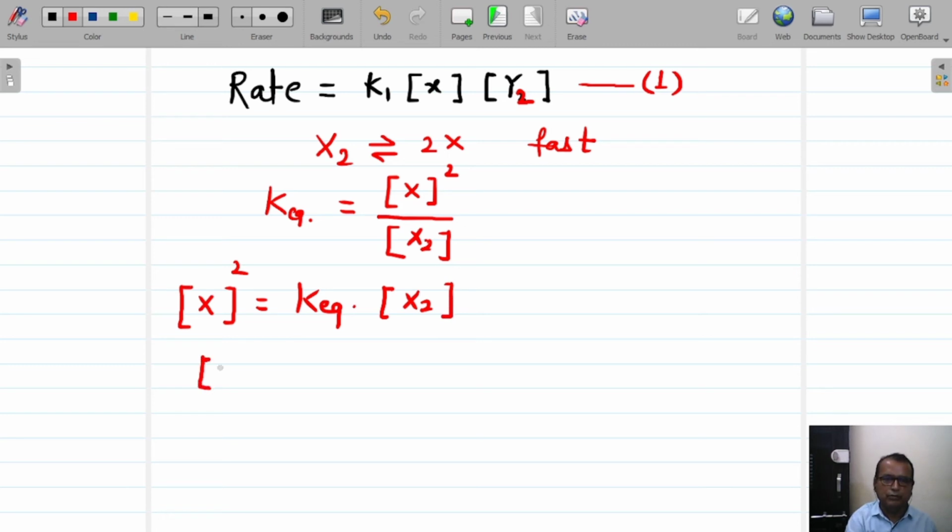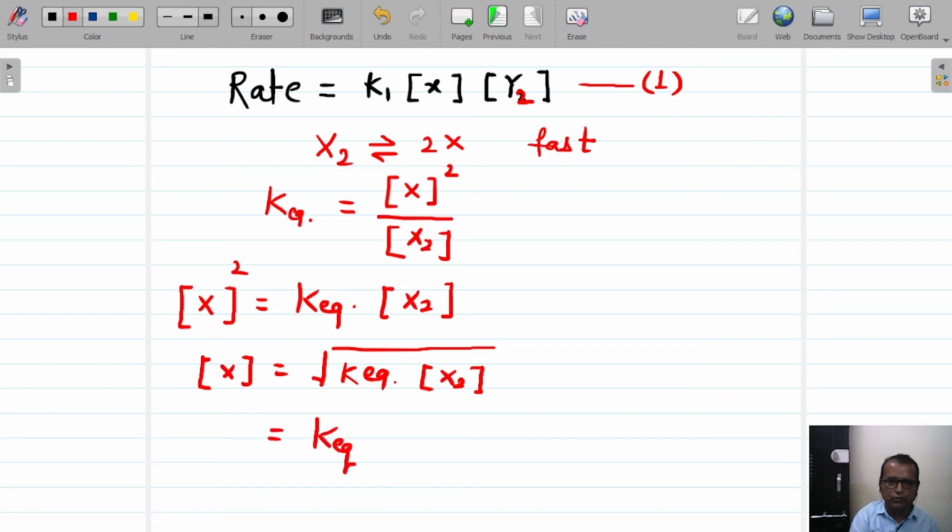Then X is equal to root of K equilibrium into concentration of X2, also represented as K equilibrium raised to power 1 by 2 into concentration of X2 raised to power 1 by 2. It is our concentration of X. This is equation number 2.